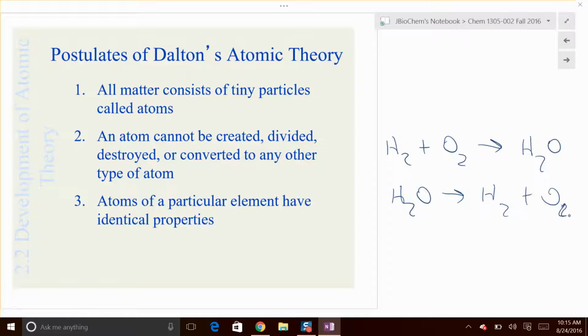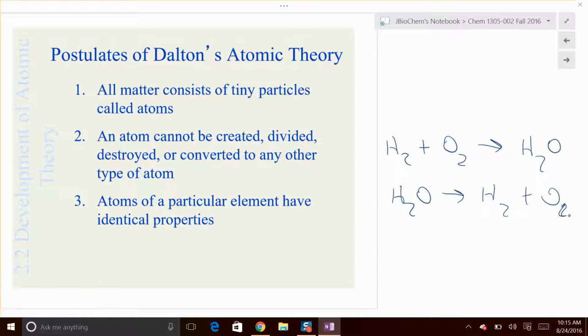So it can change if you change it at that nucleus level, but he didn't understand that. Looking at how it works in a chemical reaction, it's spot on what he's saying. These elements are simply moved around. I didn't create the oxygen, I didn't destroy it. It's just getting moved around.